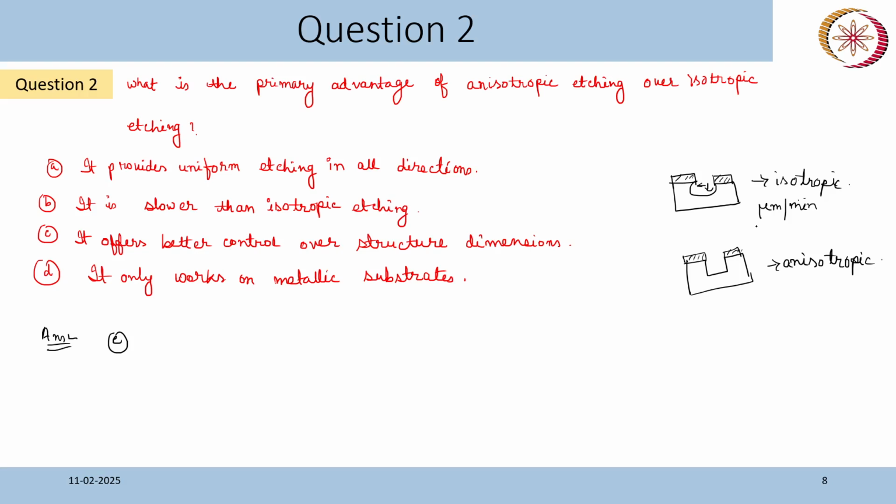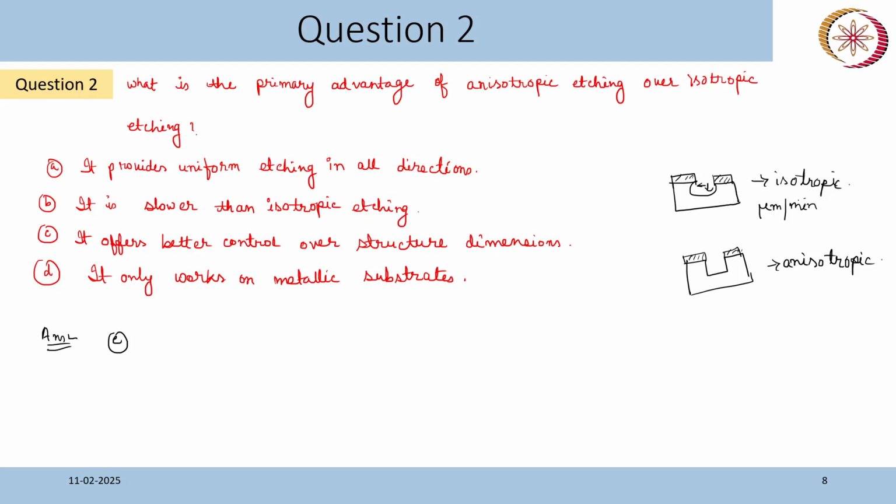If you want to etch away a few nanometers of your material, then if you use isotropic etching, you have to do the etching for a very small amount of time. Now when your time window is very small, you have less control. Say you want to do it for 10 seconds. If it is 11 seconds, then because the etch rate is very high, that will etch away a significant portion of your material that you don't want.